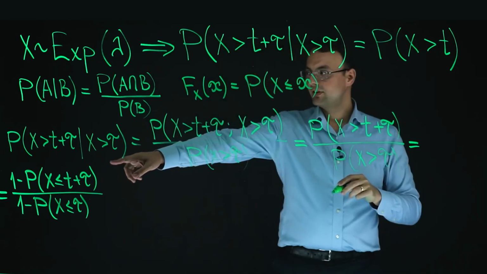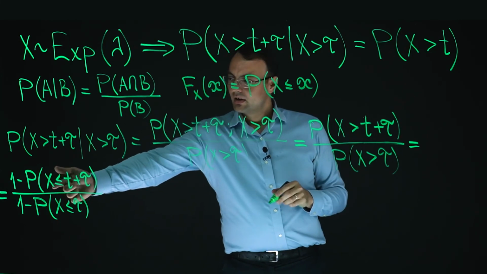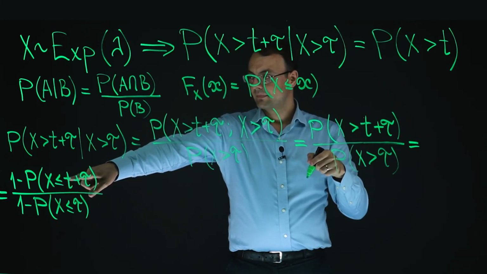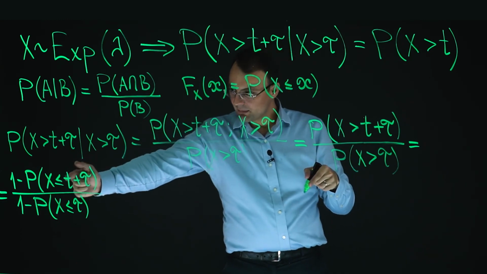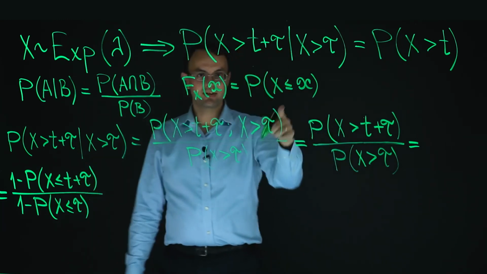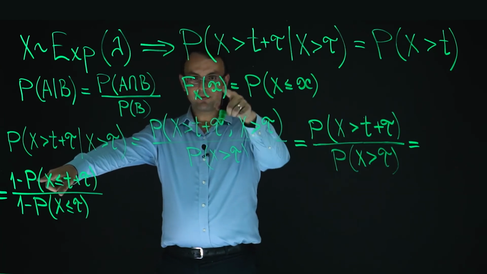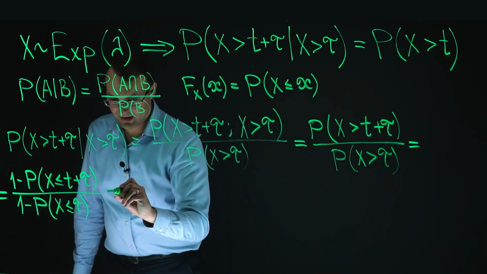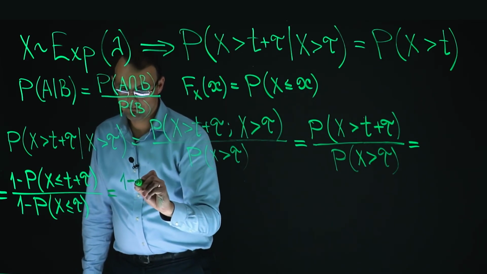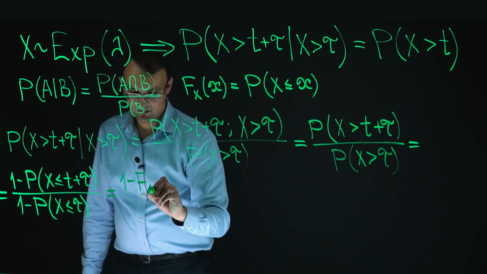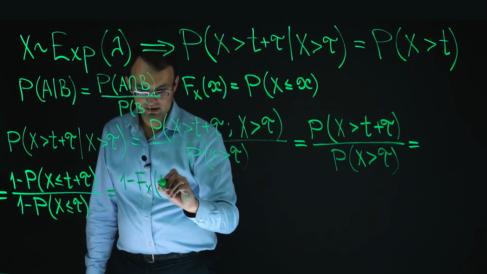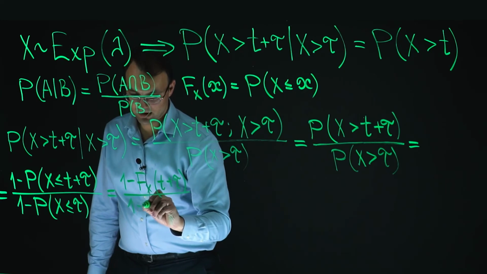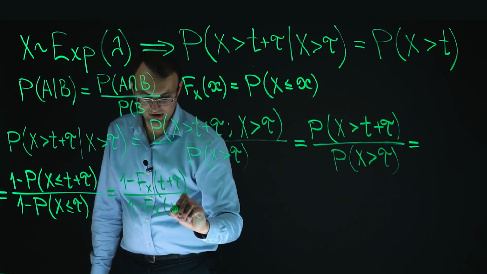So the probability that my random variable is less or equal than something is the value of its CDF at this point. So this is 1 minus the CDF of t plus tau, and here 1 minus the CDF of tau.